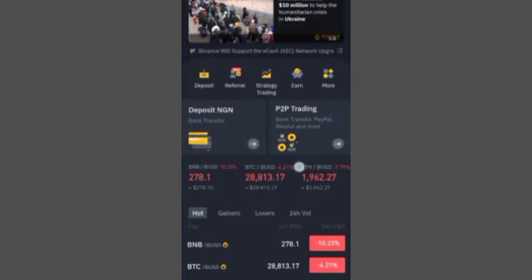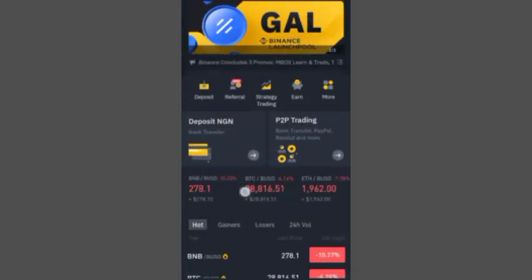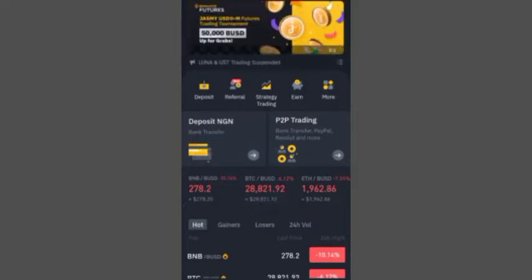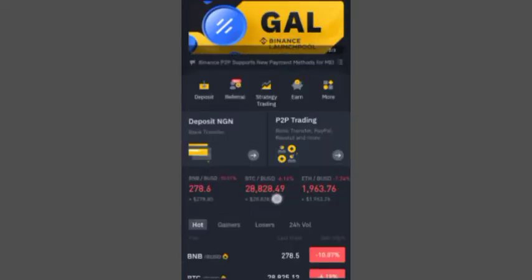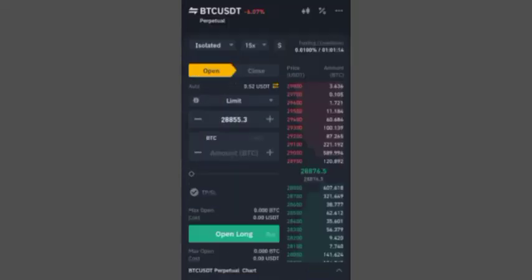If you take a look at what the price is here now, for example your Bitcoin, the price is 28821. Let's take note of that, 28824. Go to futures. You're having 28873. Let's go back. Here you have 28825. Here you have 28876. Are you seeing that there's a slight difference in the price?